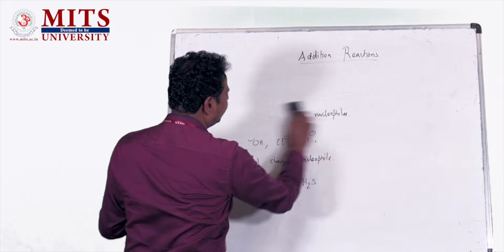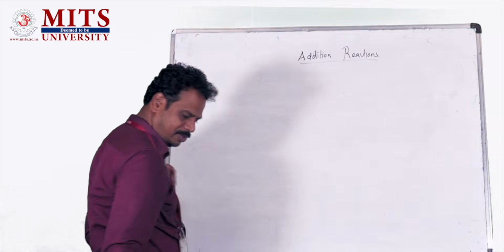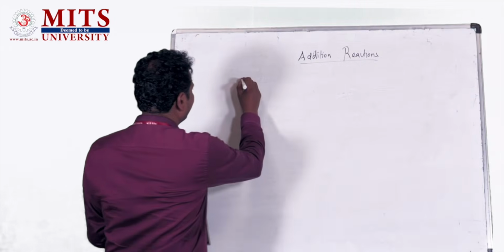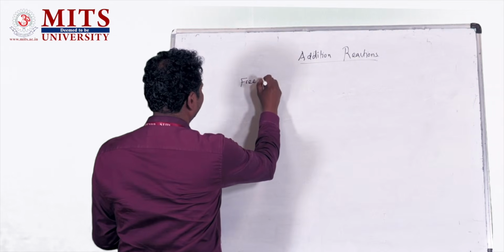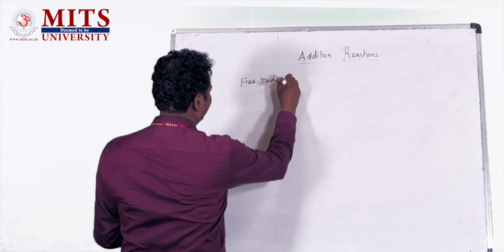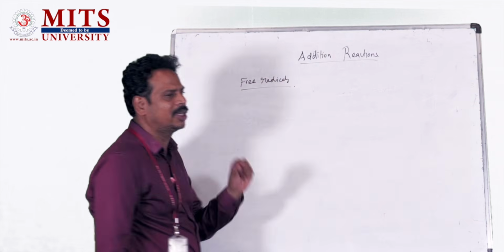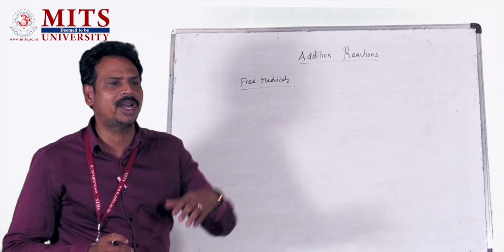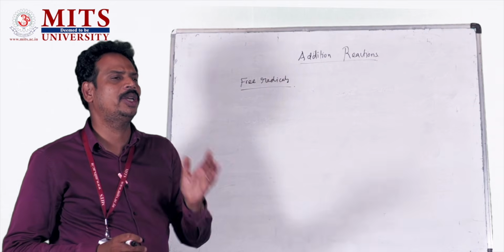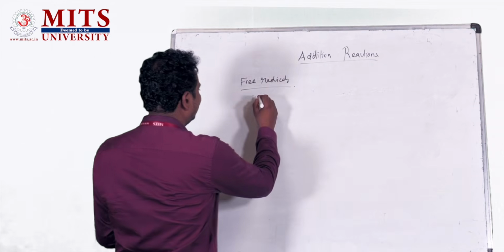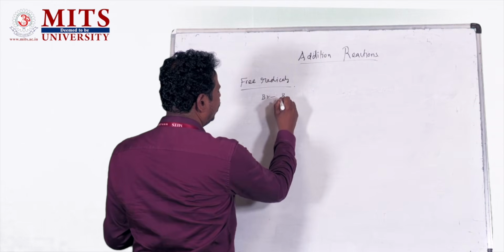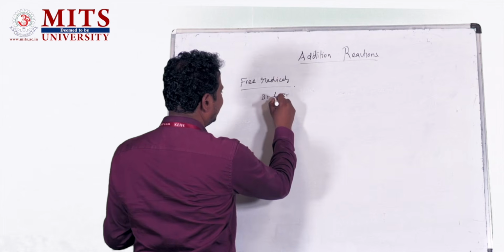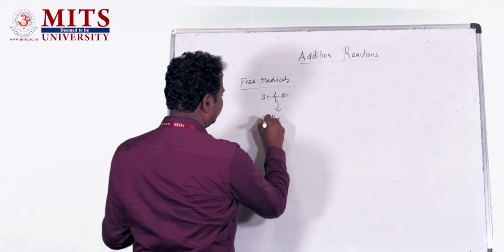The next one is a free radical. Here any atom has a single electron. Free radicals are usually obtained by homolytic cleavage. For example, bromine undergoes homolytic cleavage and you get Br dot.